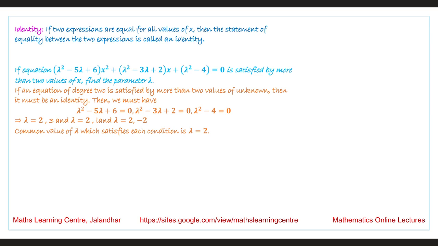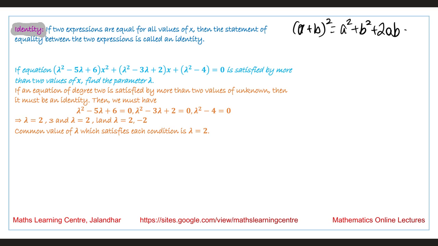Now we start this lecture with the definition of the term identity. Suppose I am talking about (a plus b) whole square, that is equal to a square plus b square plus 2ab. I am talking about an expression in this way.